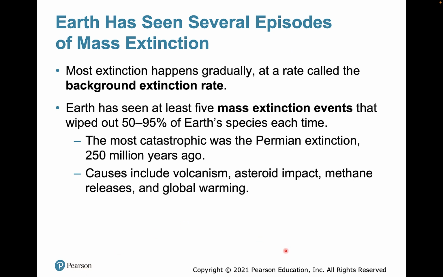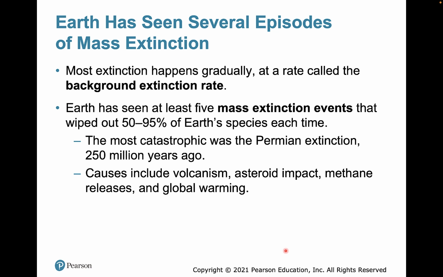Over the course of time, Earth has seen mass extinctions. Okay, there's a natural extinction rate. It's called the background extinction rate. And over the course of Earth's history, we've had 5 identifiable mass extinction events based on changes in the fossil record that have wiped out, listen to this, anywhere between 50 and 95% of the Earth's species every time.